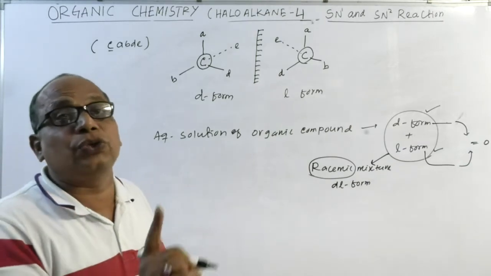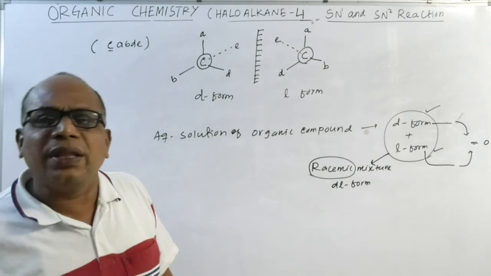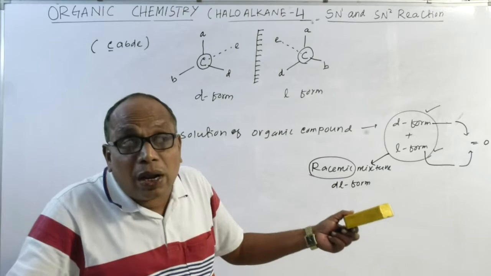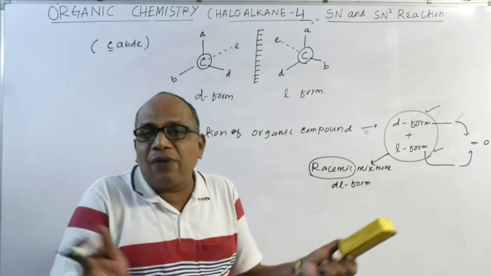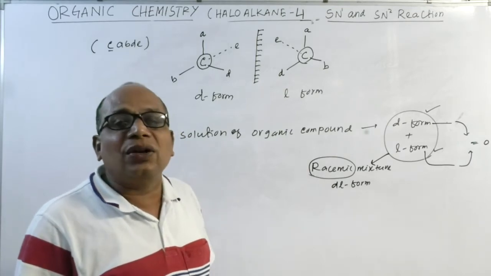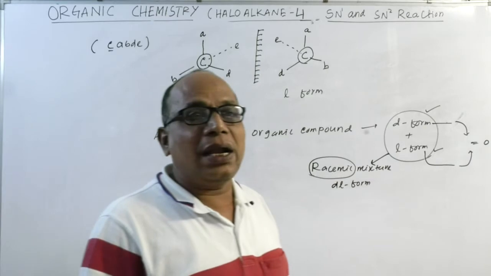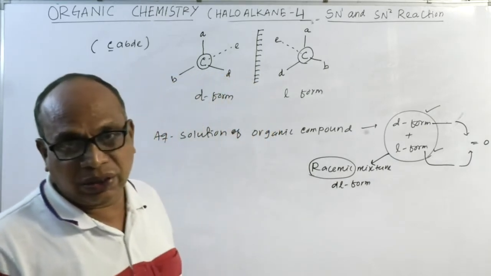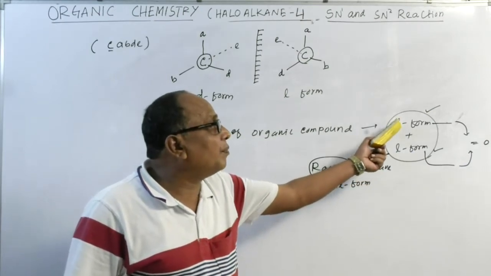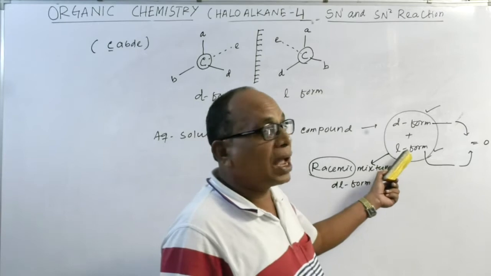If you take individually, suppose you only take D form or only take L form, they can rotate the plane polarized light. When equal amounts of D form and L form are mixed together, the resultant solution cannot rotate the plane polarized light, because the rotation due to the D form gets compensated with the rotation due to the L form.